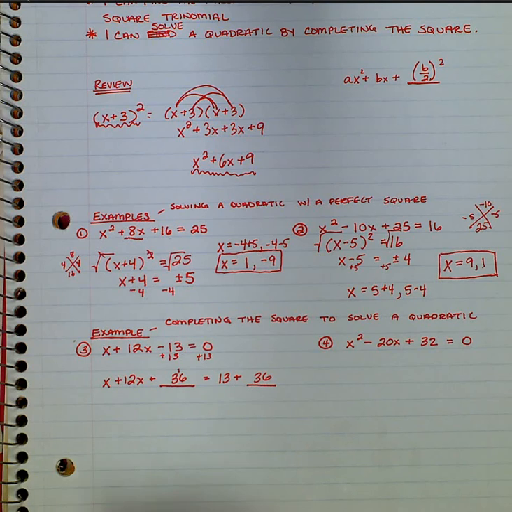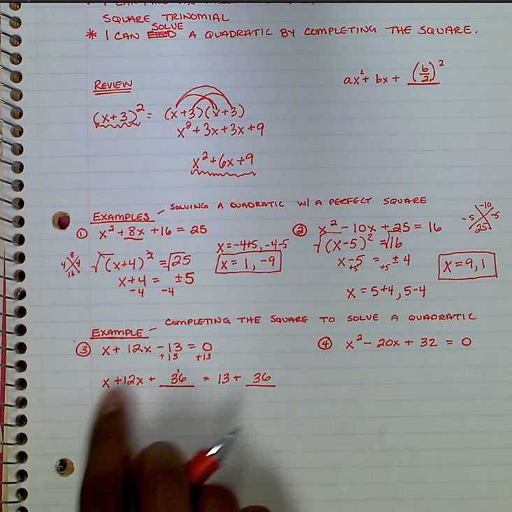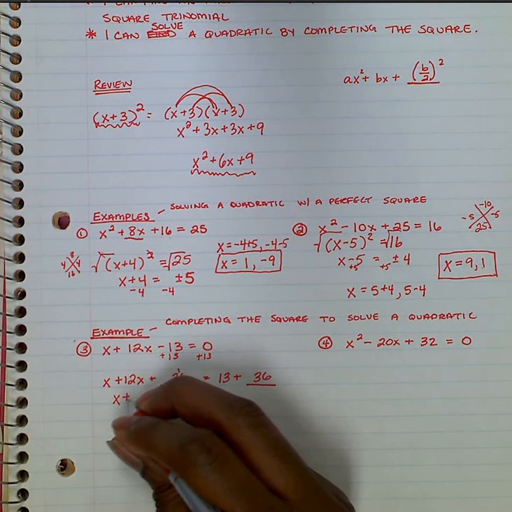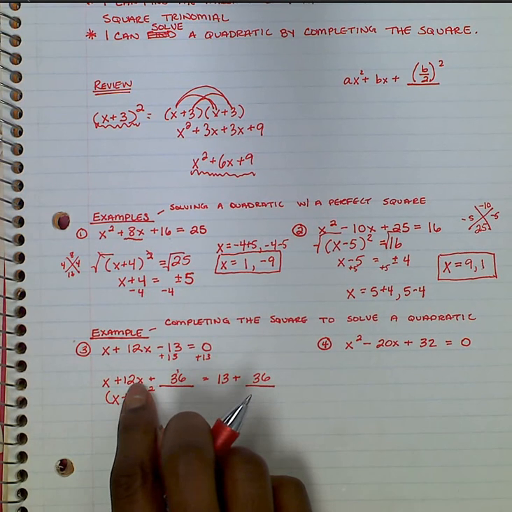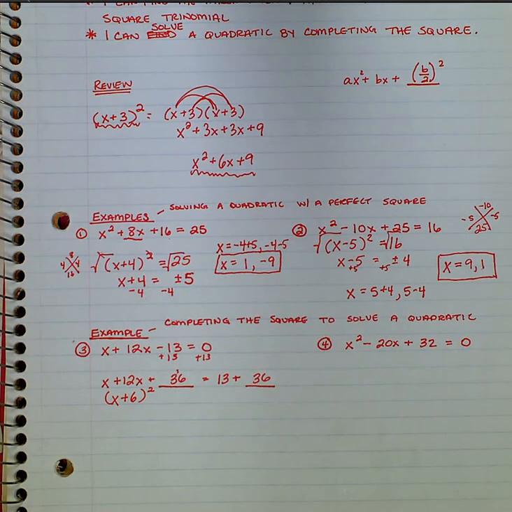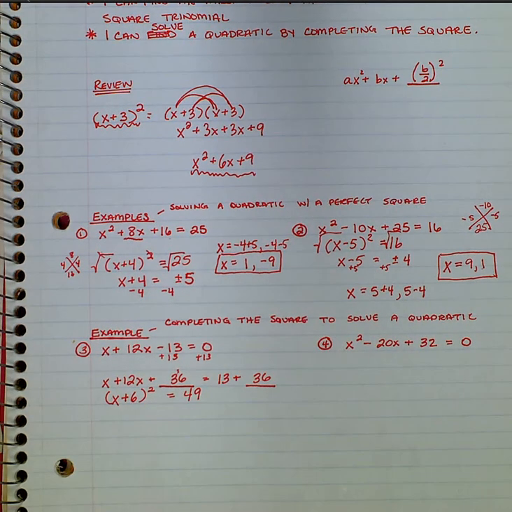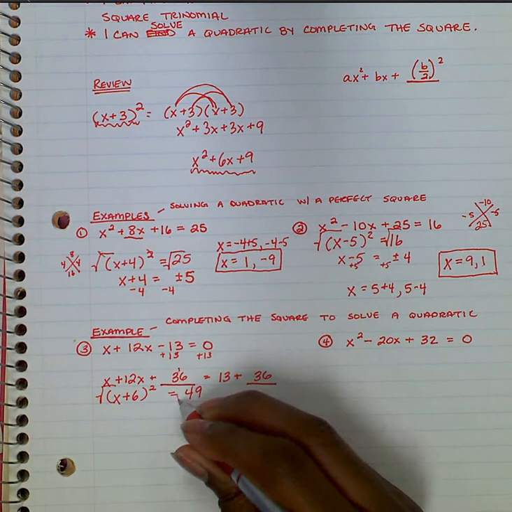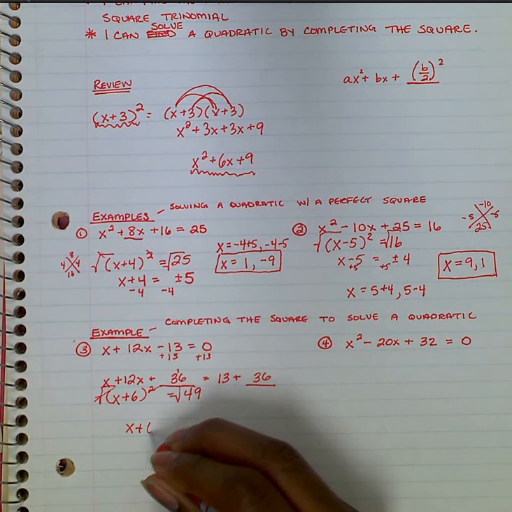Okay, and so what we did on this side is we completed a perfect square. This will be x plus 6 squared. We knew it was 6 because that's the number we said what adds to itself to get 12. So x plus 6 squared equals 49. Now that this is a perfect square, we can take the square root of both sides, and we'll get x plus 6 equals plus or minus 7.